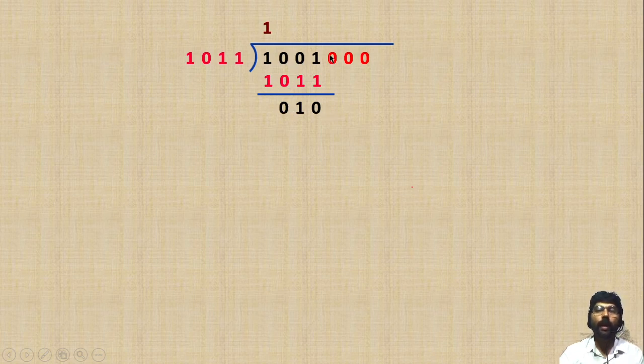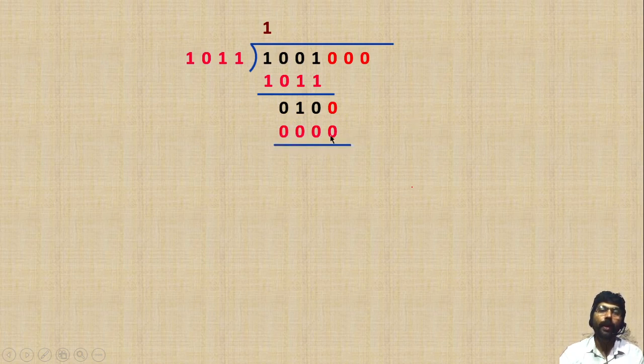In the next step, I have to pull down this 0 here. Now I have to divide again, but the first bit of this one is 1 and the first bit of the divisor is 0. So I cannot divide when the first bit is 0.